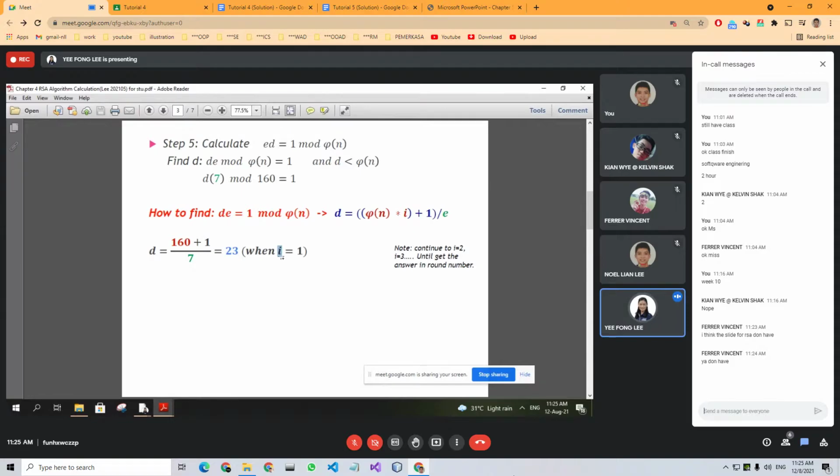Let's say when i equals 1, 2, 3, 4, 5, we still manage to do it this way, no problem. But worry if the answer is a big number, like more than 20, then we might have problems using this method. So to solve that problem, we need to use the Euclidean algorithm.